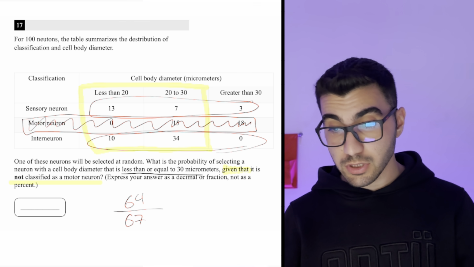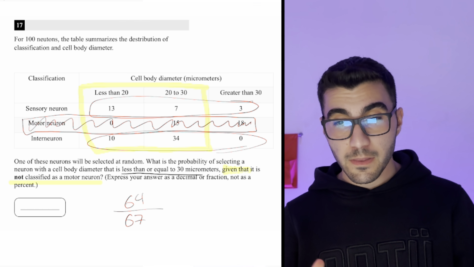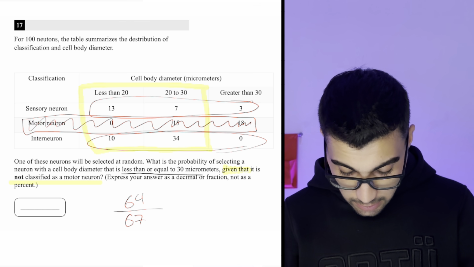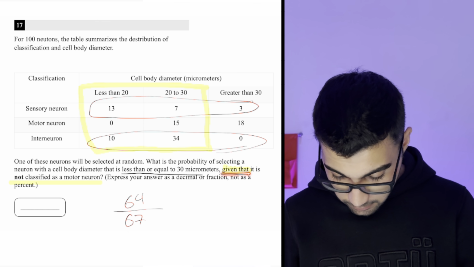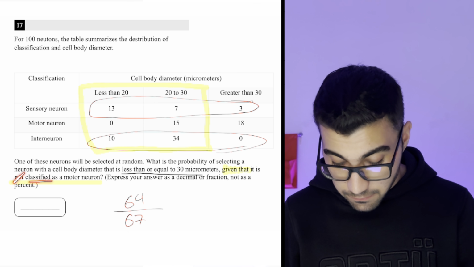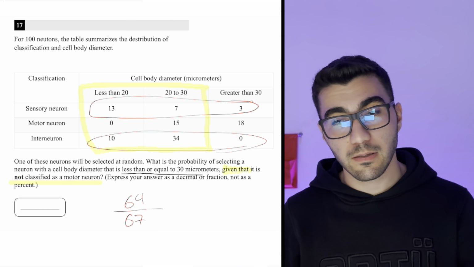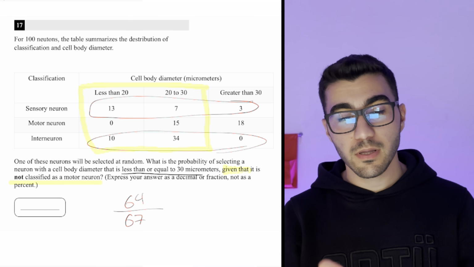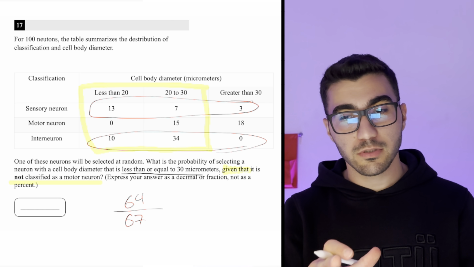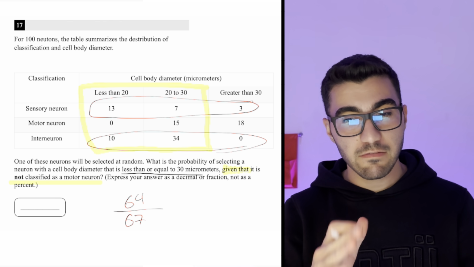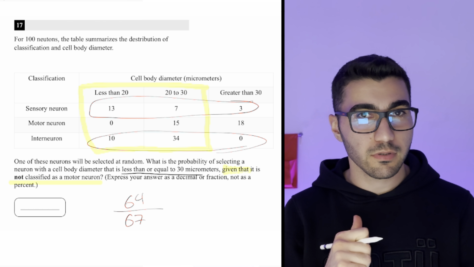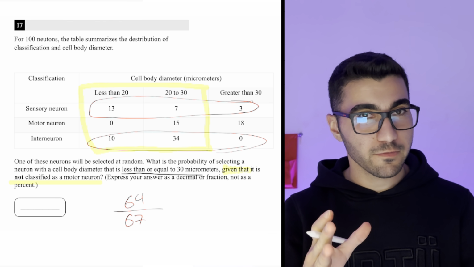Now you can change this question and answer it in other ways. Like, let's say if the question was asking us, given that it is classified as motor neuron, what would you do then? Just stop the video and try to solve this way. Given that it is classified as motor neuron. So I assume you've solved it.